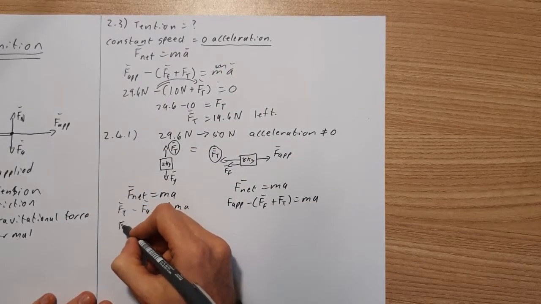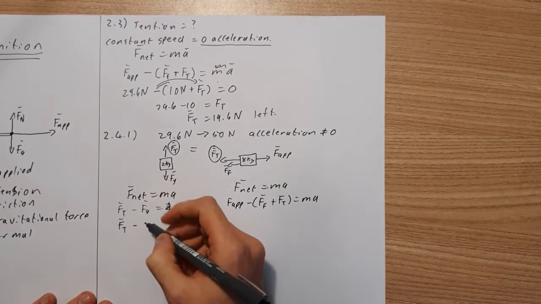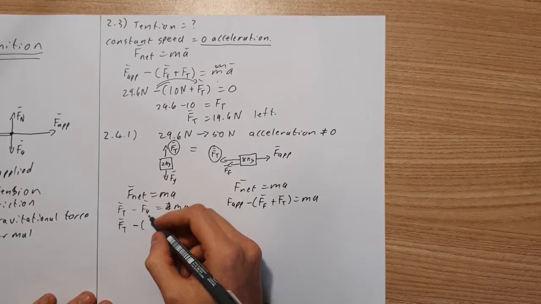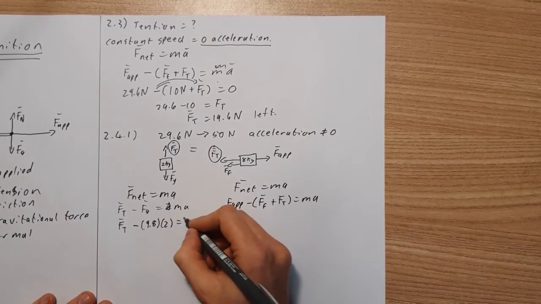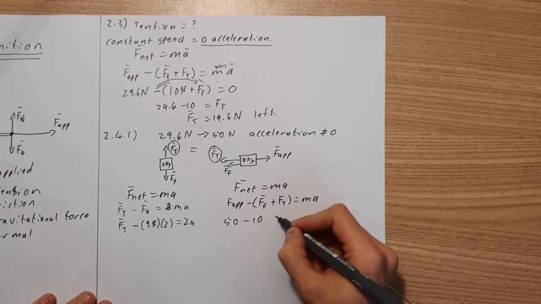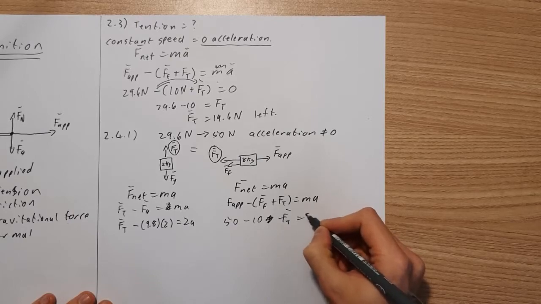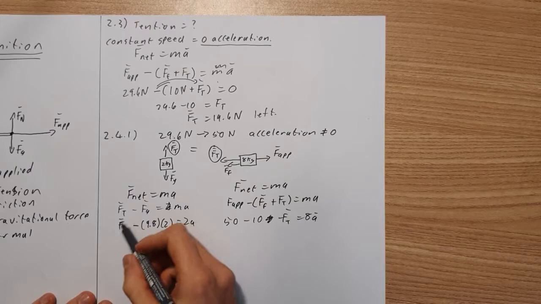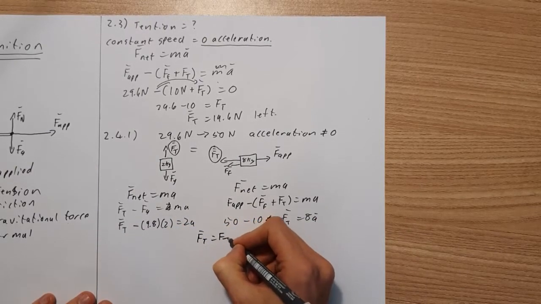Okay, so we want Ft, at this point in time we don't know what it is. This is going to be minus 9.8 times 2 kilograms equals 2a, and this one over here is going to be 50 minus 10 minus Ft equals 8a. Okay, so now I'm going to make Ft the subject for each one, and then Ft equals Ft.